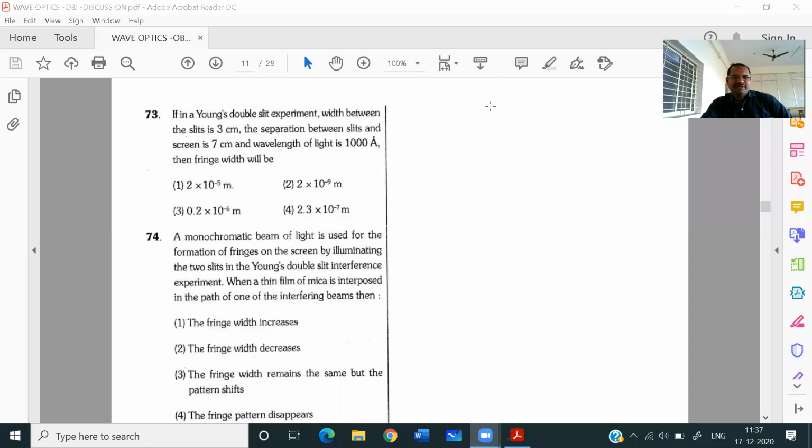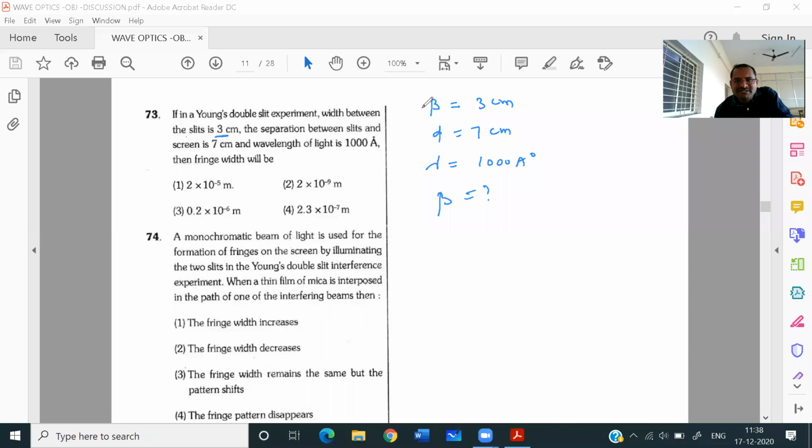In a Young's double slit experiment, the width between the slits is 3 centimeters, and the separation between the slits and screen is 7 centimeters. The wavelength of light lambda is 1000 angstrom, and they are asking for fringe width.